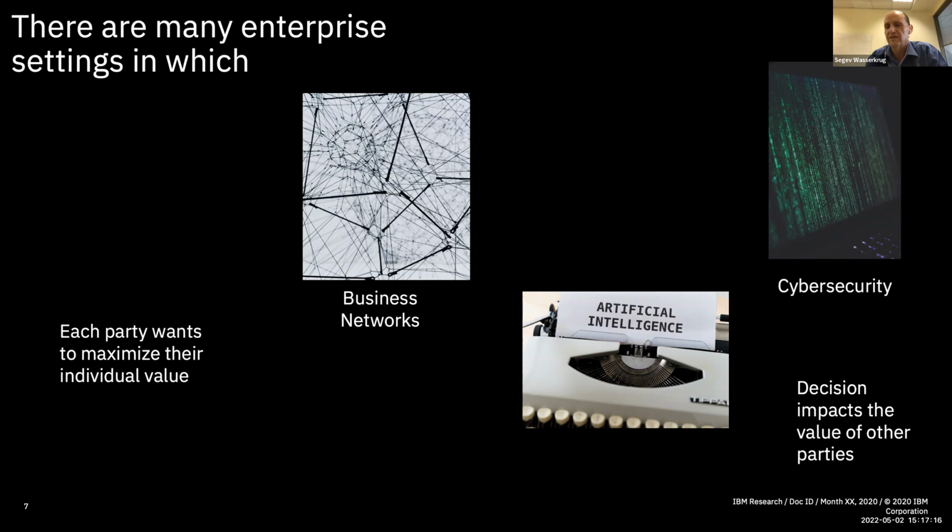Let me give a couple of examples. In the broad sense, they fall into several areas: business networks, such as supply chain, which is the area I've been collaborating on with some of the people on this call over the past months.